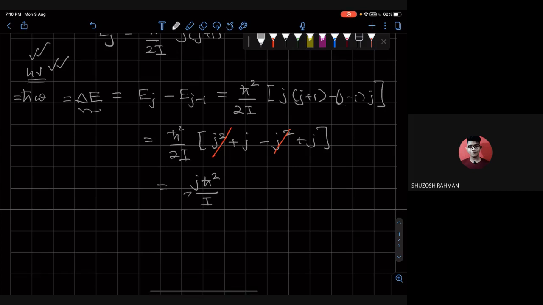I've given you what J is. For adjacent levels, this is J minus 1. If it's not adjacent, as in the first case, it'll be something a little more complicated, but you know what this factor is going to be, and you know what h squared is. So from there, you can find out what I is.